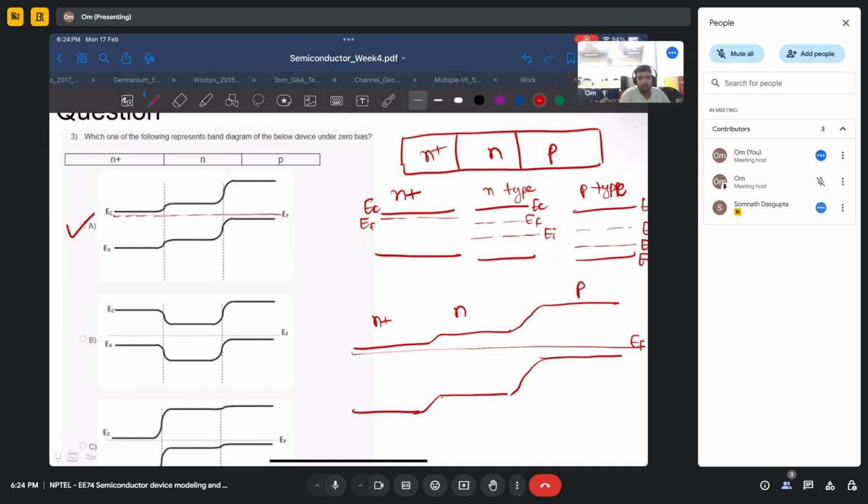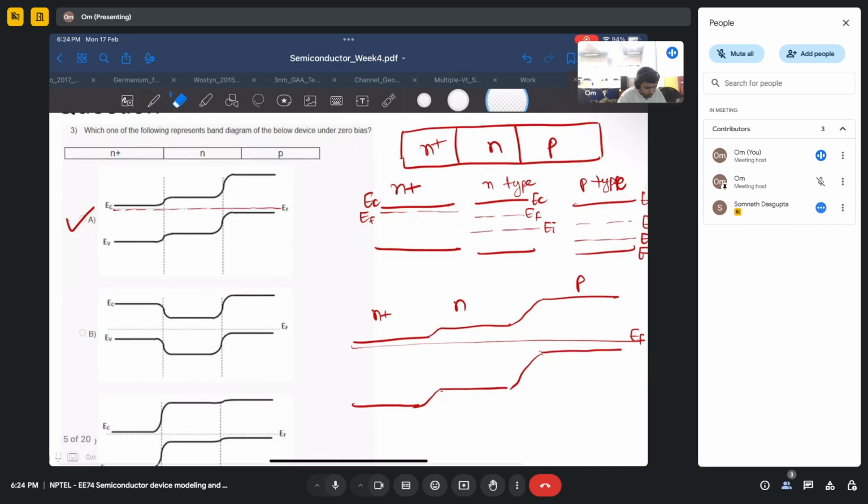All the electrons are bonded in the valence band, EV, right? So just keep in mind that n-type behavior is where EF is close to EC, and p-type behavior is where EF is close to EV.